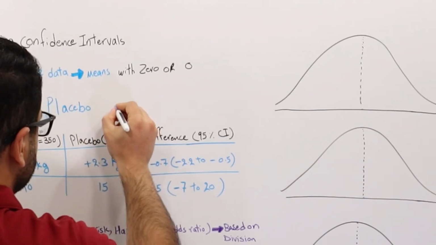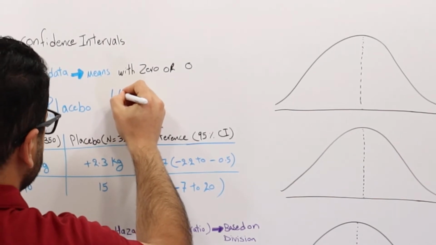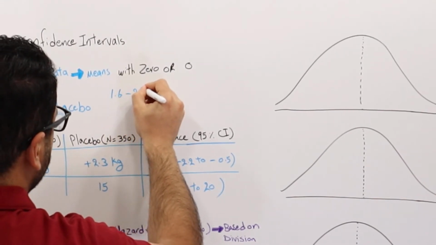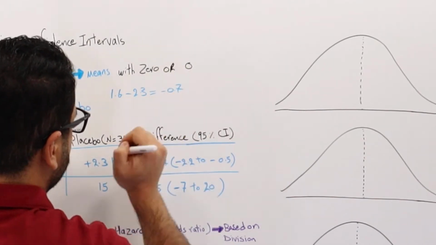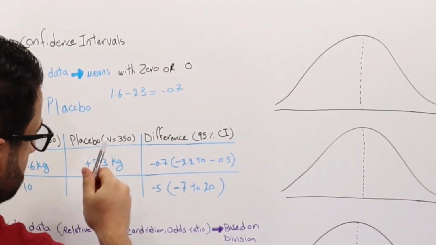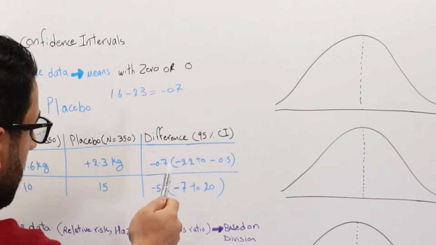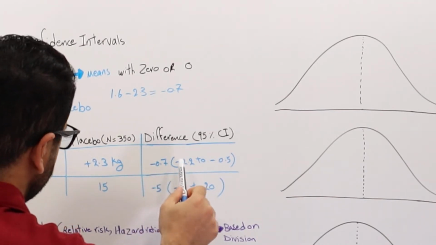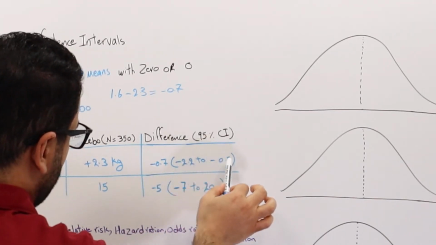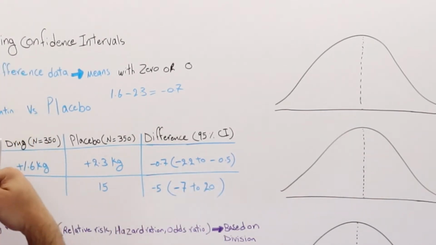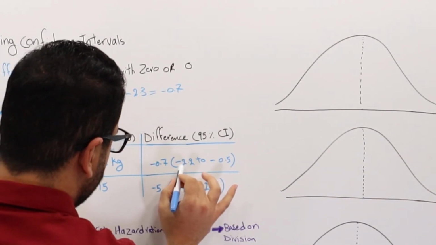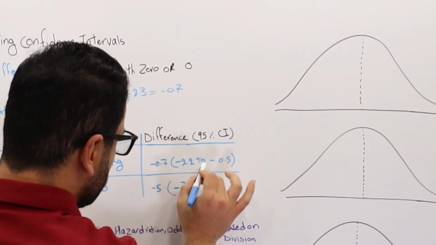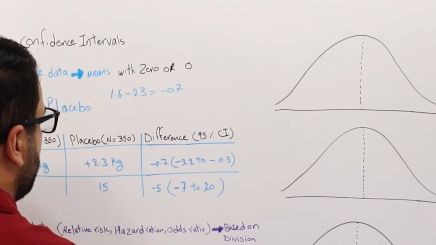What I did is 1.6 minus 2.3, and that's negative 0.7. And I just plugged in this range of confidence interval to make the interpretation easier. So what we have over here is negative 2.2 to negative 0.5.